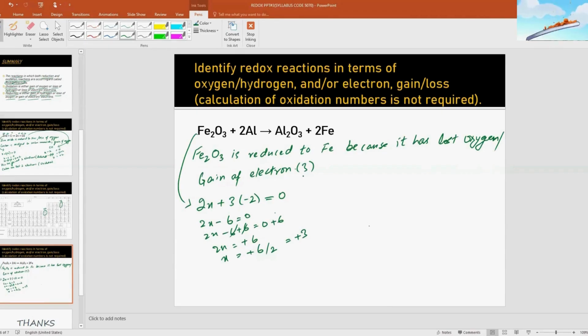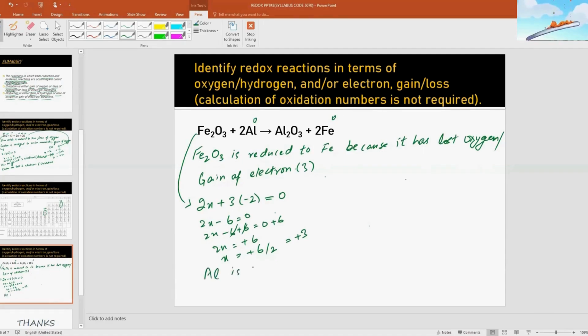Now we can work out the charge on Al in Al2O3, as we know that there is no charge on Al in its elemental form. I'm writing it as 0.